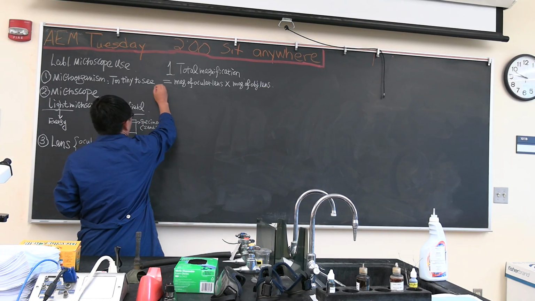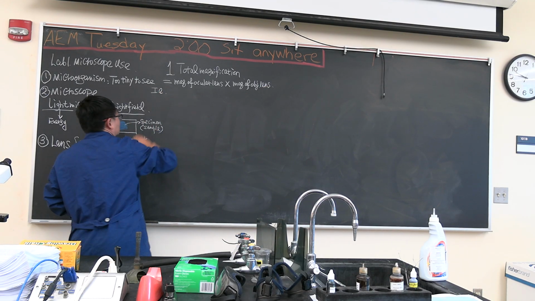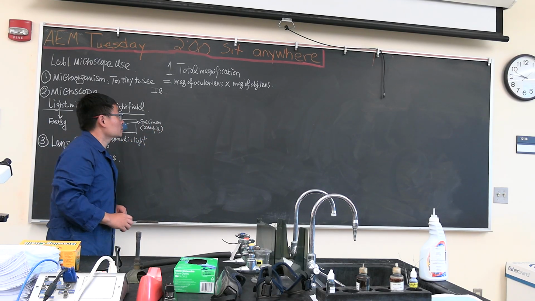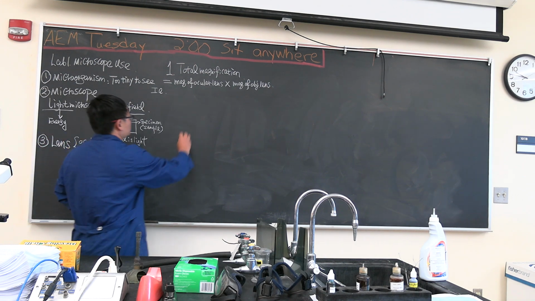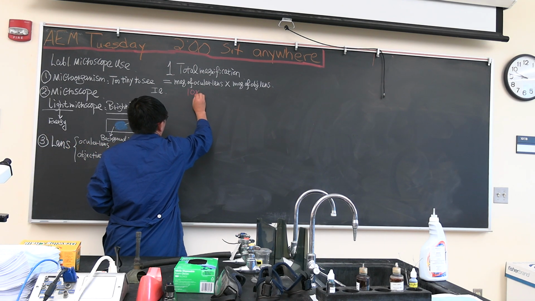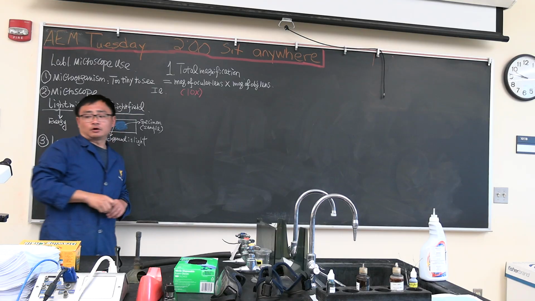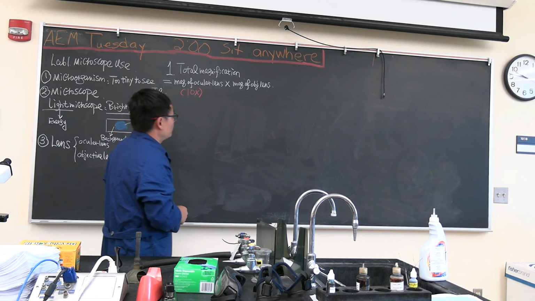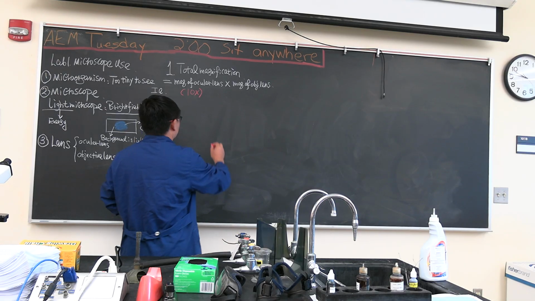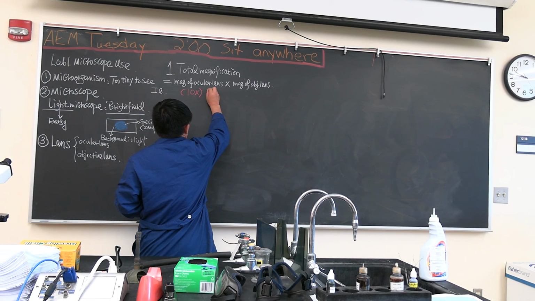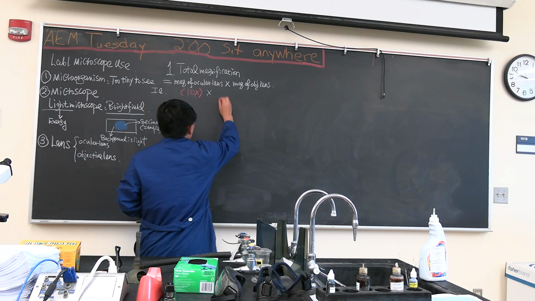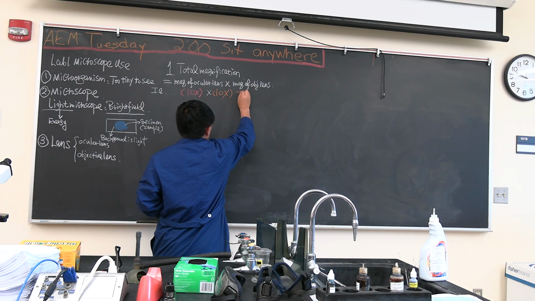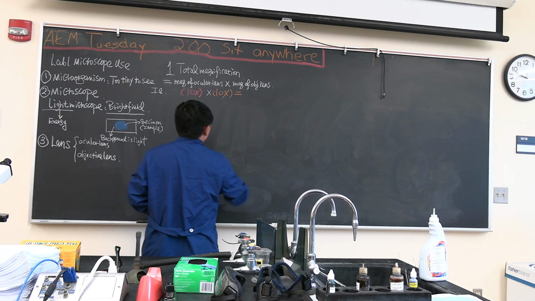Let me give you a very easy example. The magnification of the ocular lens is 10x, and this is a fixed number. The ocular lens magnification is always 10x. If the magnification of the objective lens is also 10x, what is the total magnification? It is 100x.